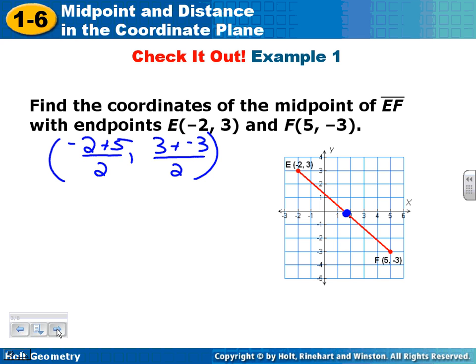Notice I'm writing it with parentheses. So simplifying, that would be 3 over 2, comma 0 over 2, and that's just a 0. And there's my answer. My midpoint is 3.5, comma 0.